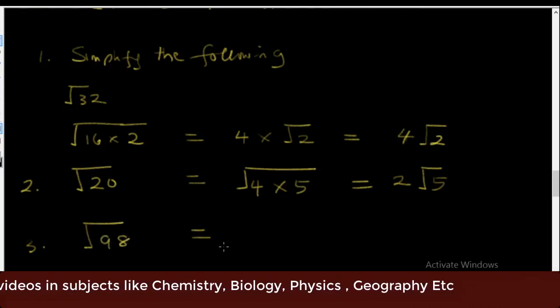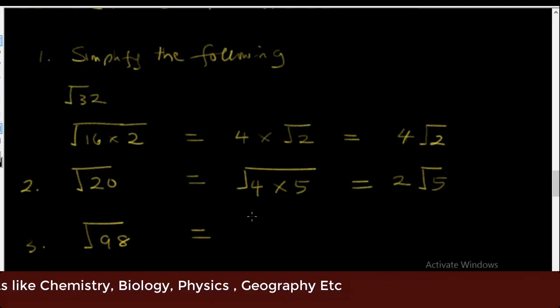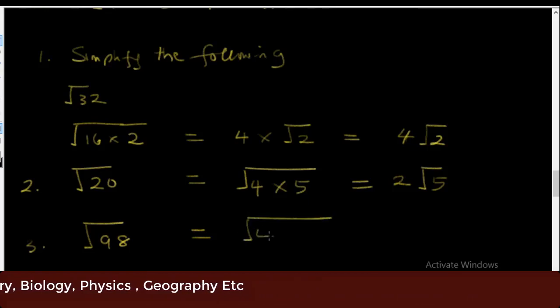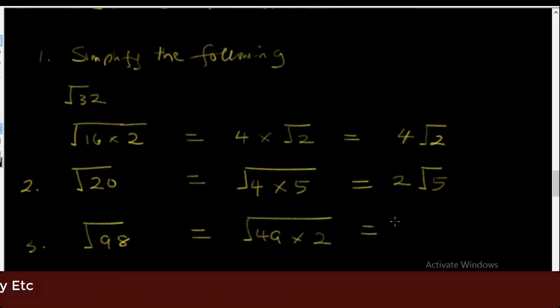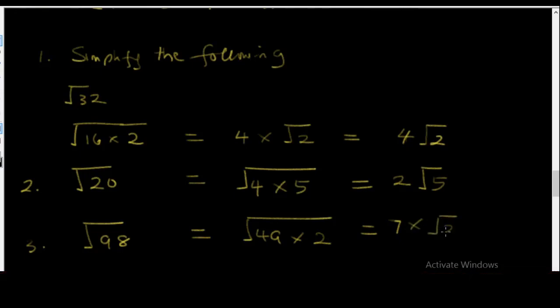The surd of 98 is the same as writing the surd of 49 times 2, which is equal to surd 49, which is 7, times surd 2. All right, let's move on.